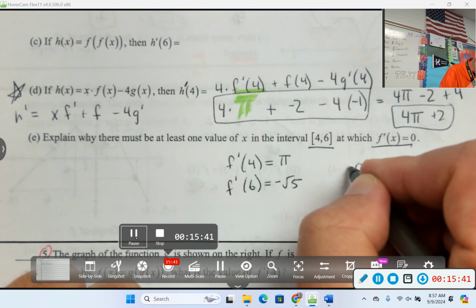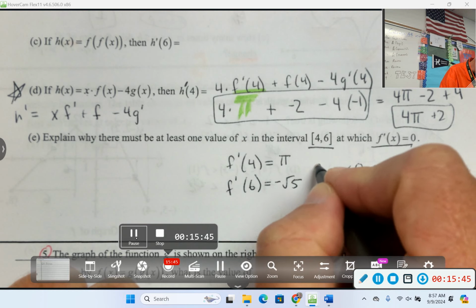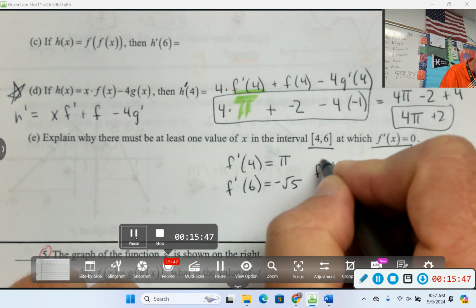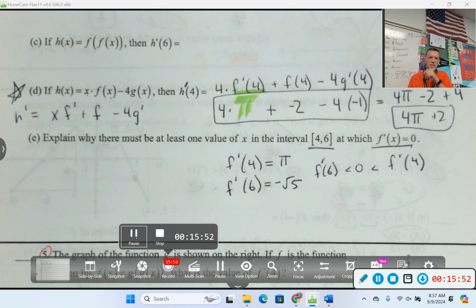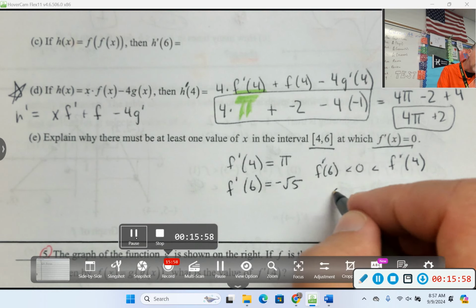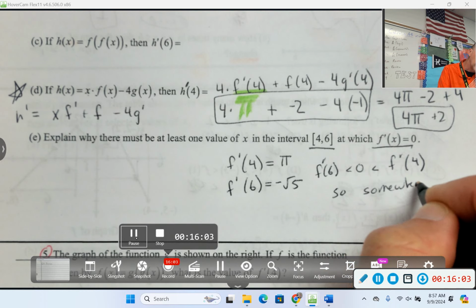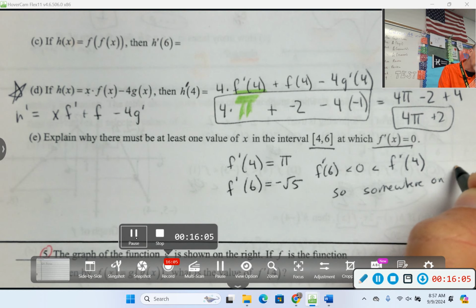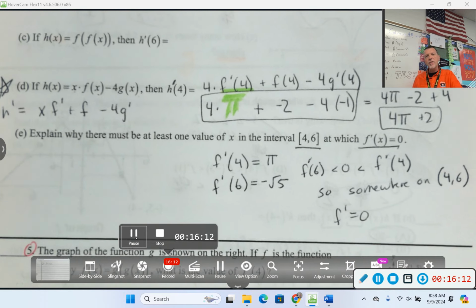So 0 is in between, the way I wrote that, between f prime of 6 and f prime of 4. So this is like the y values are in between the y's, so there's got to be an x value between the x's. So somewhere on 4 to 6, f prime equals 0. That's the intermediate value theorem.